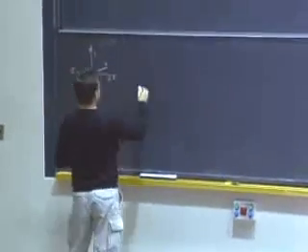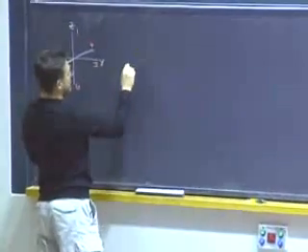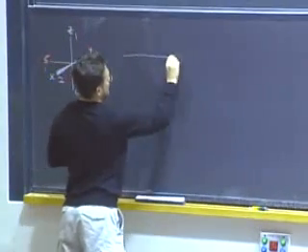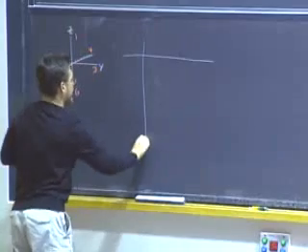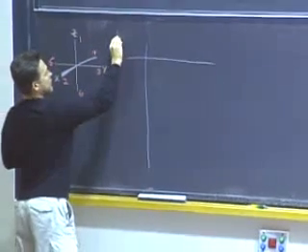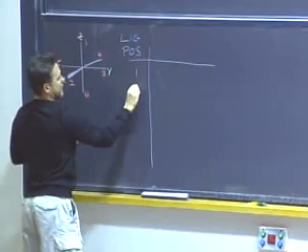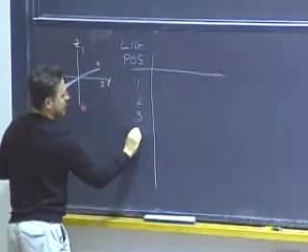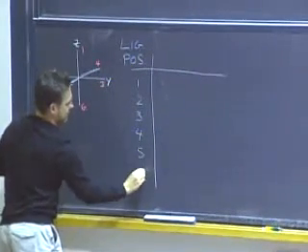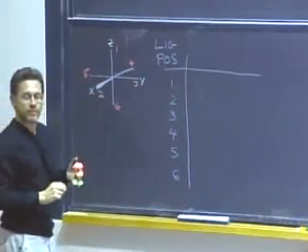And so I'm going to put up part of the table that we generated last time, and that part will correspond to ligand position, where we have ligands 1, 2, 3, 4, 5, and 6, those 6 ligand positions.